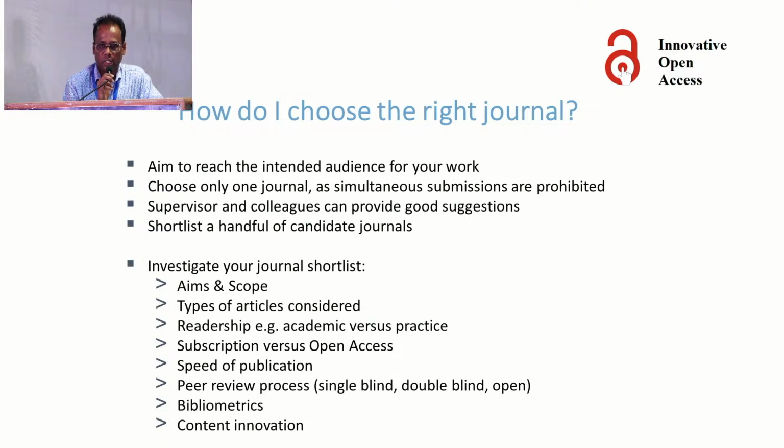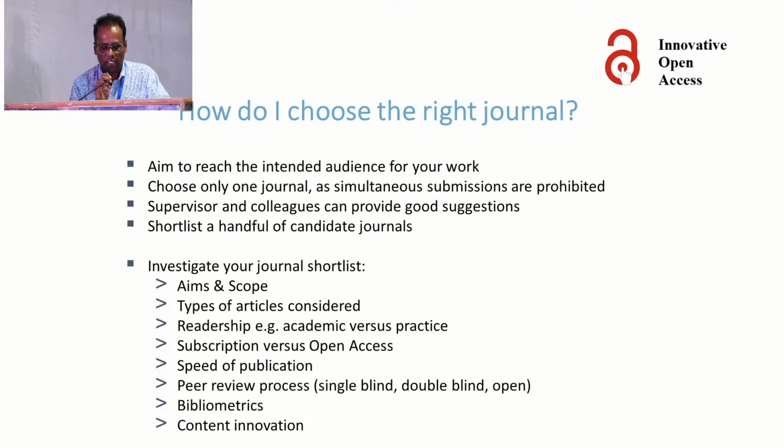How to choose the right journal? When researchers are planning to write a publication or publish any thesis or articles, the question comes to mind where and how to publish their research. First we need to decide the aim of your content, what is the plan.